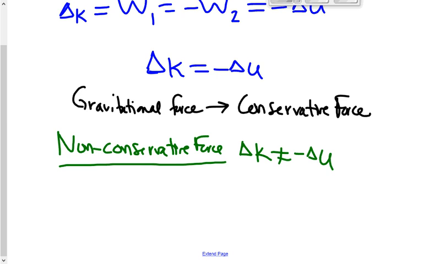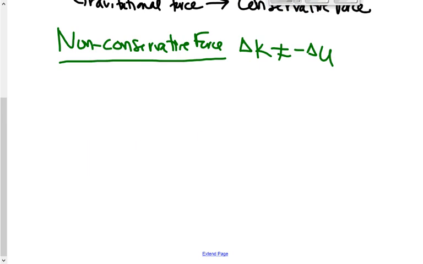So what's an example of a non-conservative force? Based on your reading, perhaps. A friction force, kinetic friction force, actually.